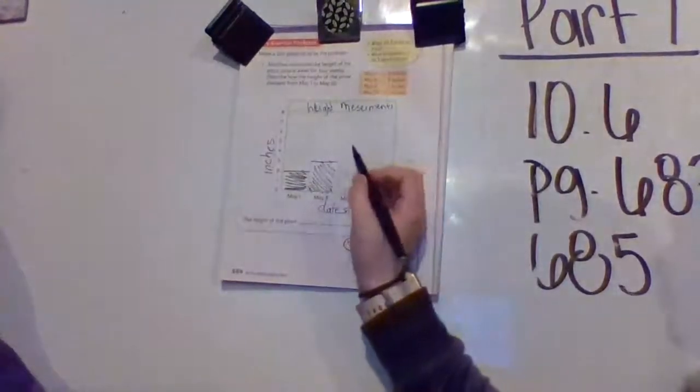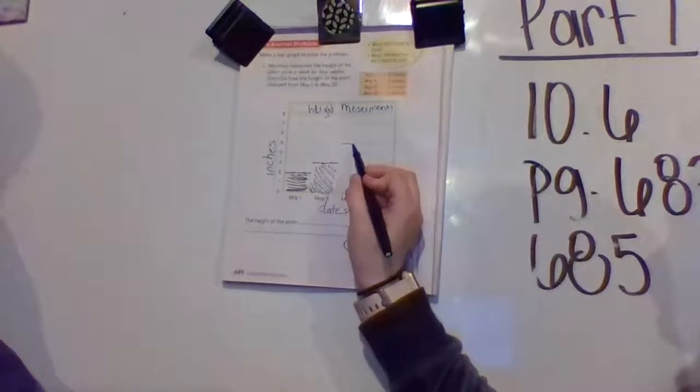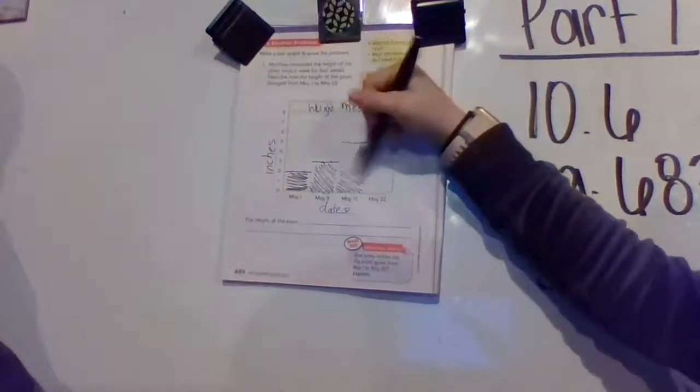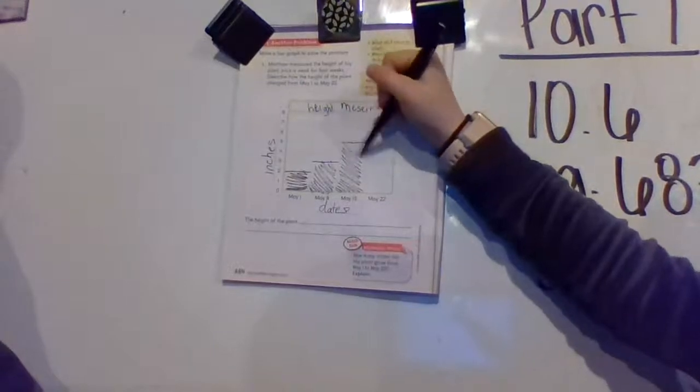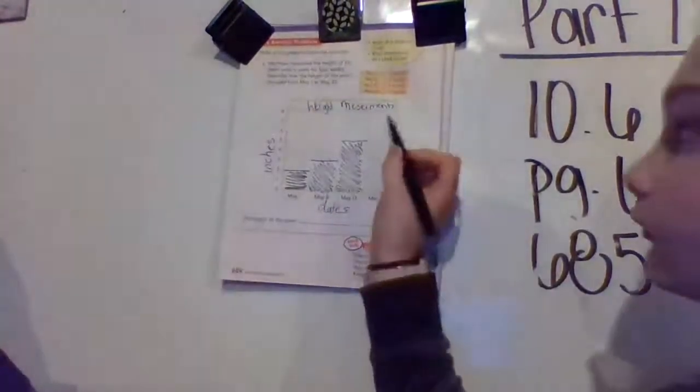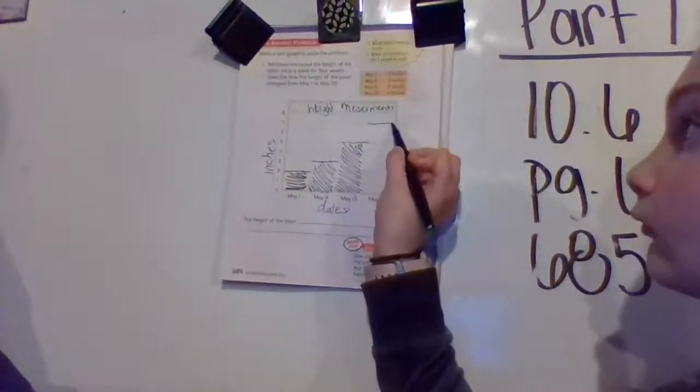And May 15th, it was 5 inches, so we're going to go to the 5 and shade down. And for May 22nd, it was 7 inches, so I'm going to go to the 7 and shade down.